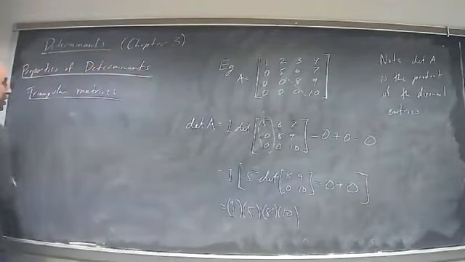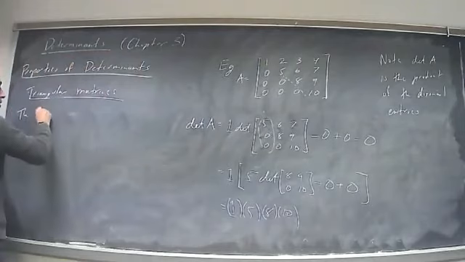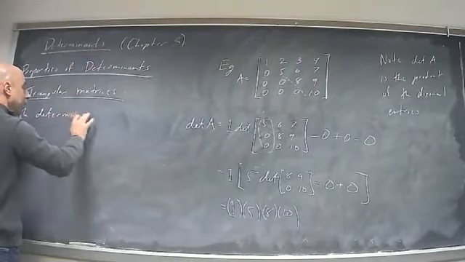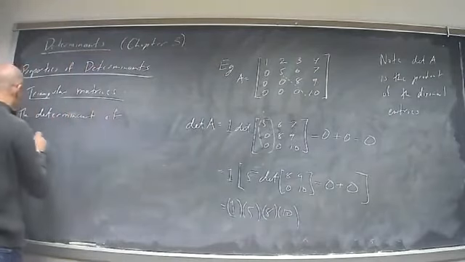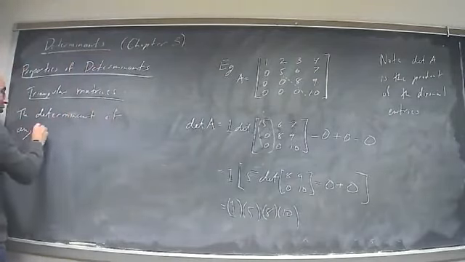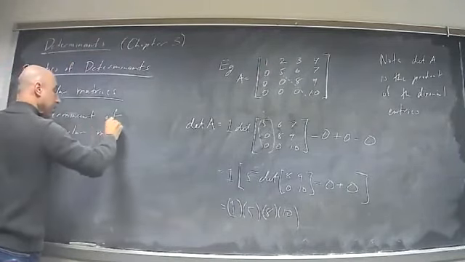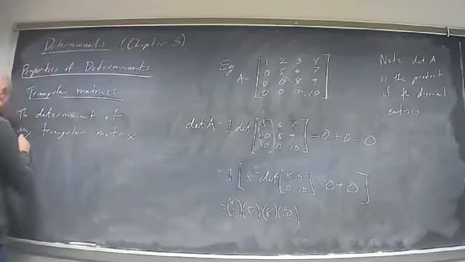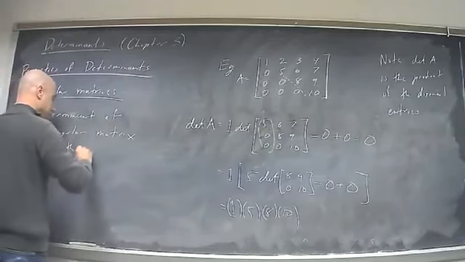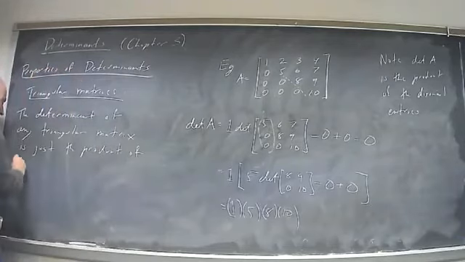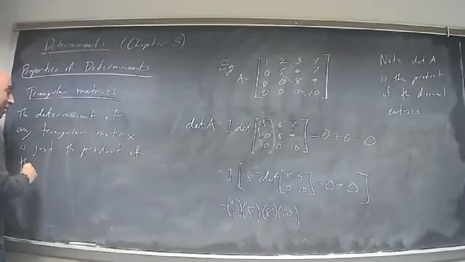So the determinant of any triangular matrix is just the product of the diagonal entries, whether it's upper triangular or lower triangular.